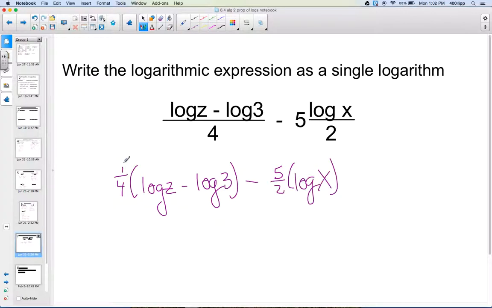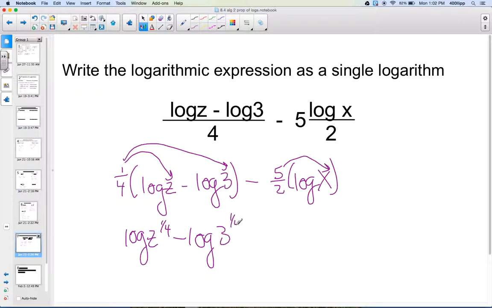So this 1/4 is going to be an exponent for z and for the 3. And the 5/2 will be an exponent for your x. So I have log of z to the 1/4 minus log of 3 to the 1/4 minus log of x to the 5/2.